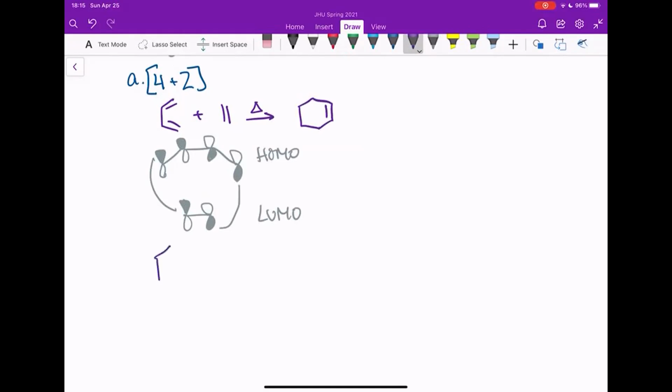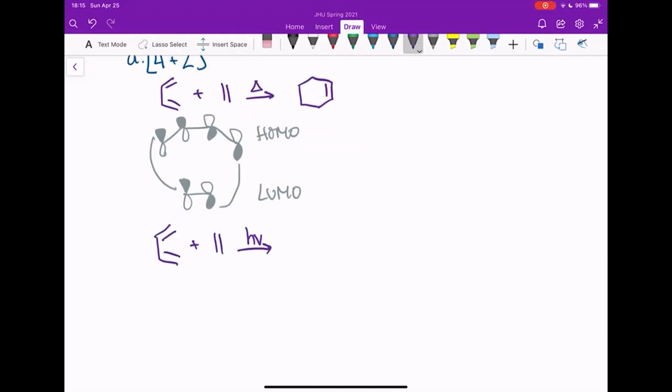Okay. If you try it instead under UV light, we can see how the orbitals line up. And so in this case, we'll use our photochemical HOMO and the LUMO. And so this one will instead look like this.